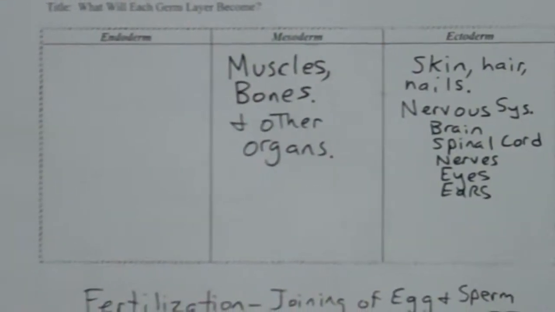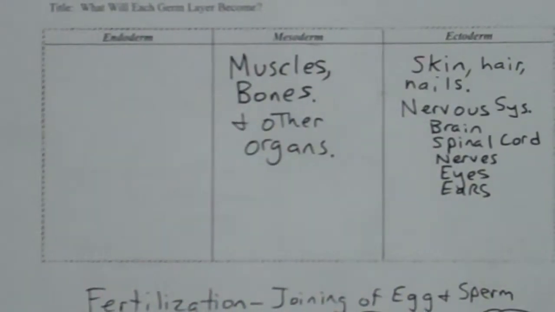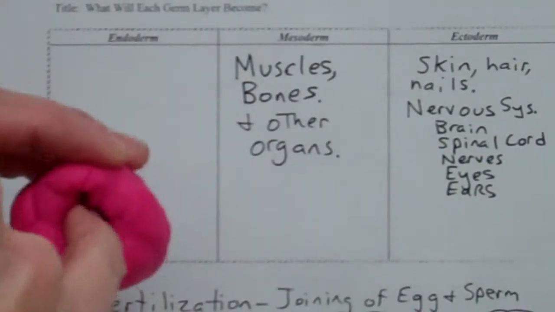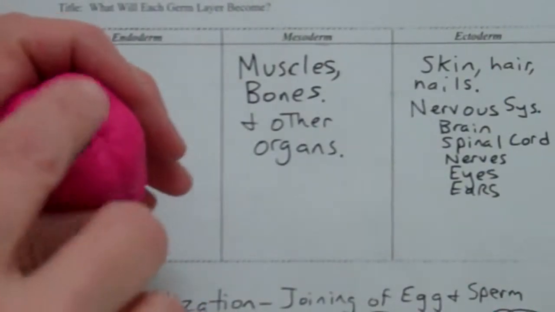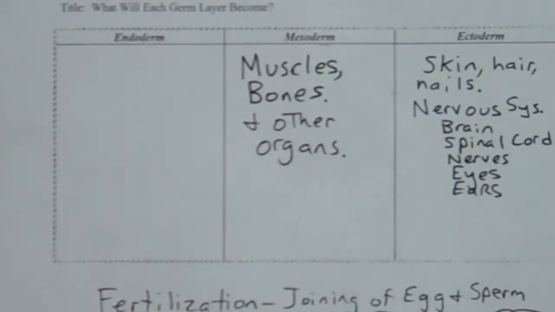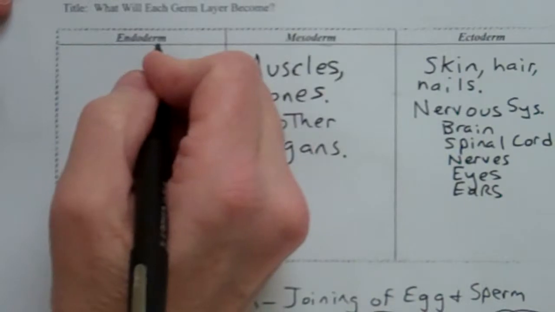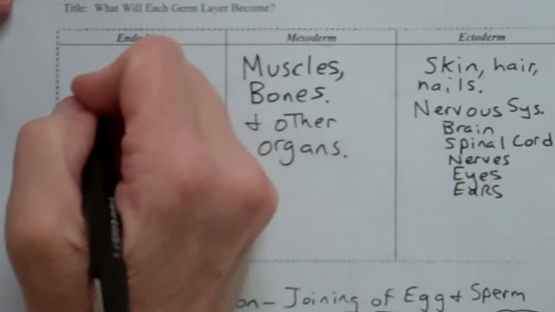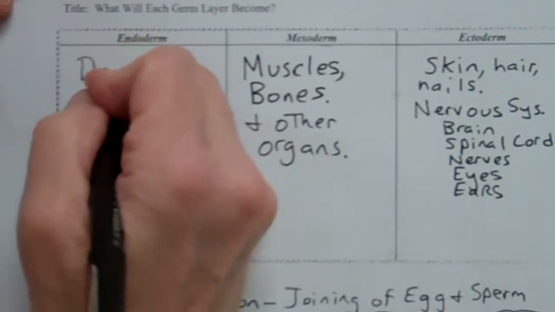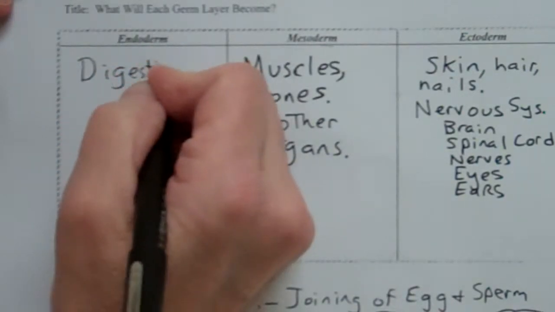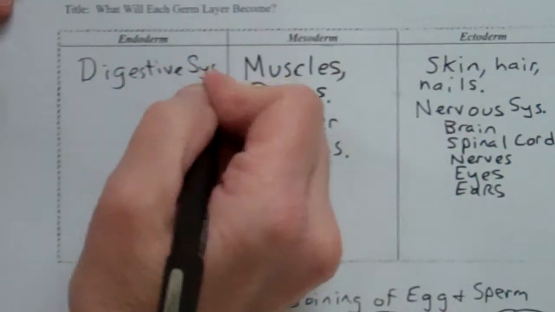All right, and now we're going to the endoderm, that inner layer. I said what on you starts with your mouth and ends with your anus, and hopefully you know the name of that system. So the endoderm is going to give rise to your digestive system. Now, what's in your digestive system?